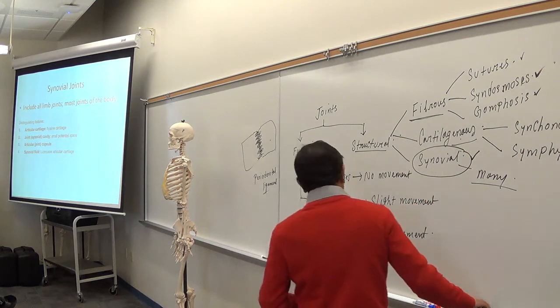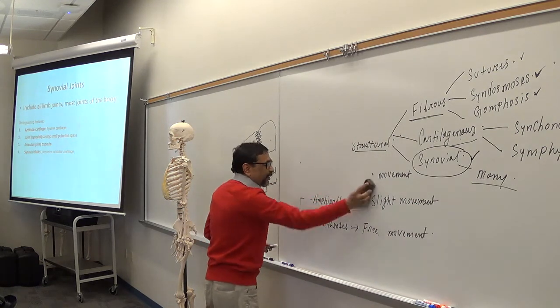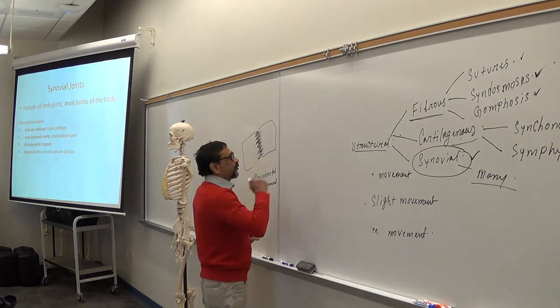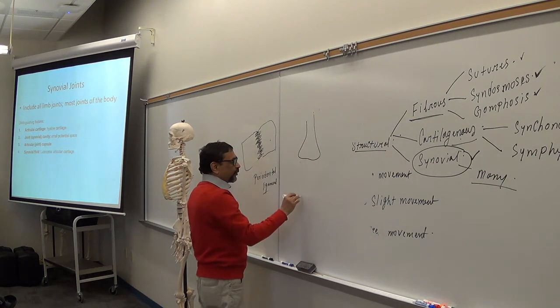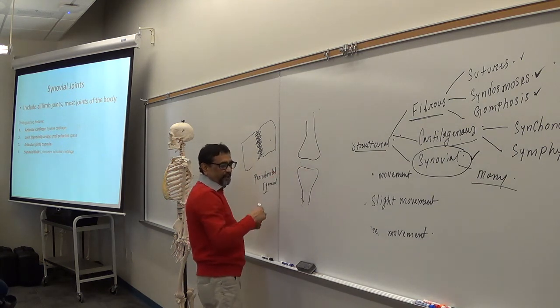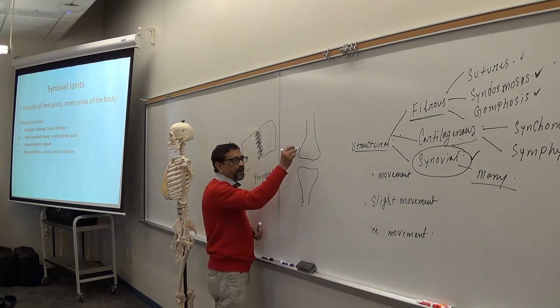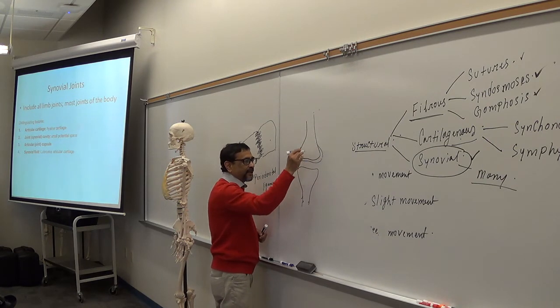What are those properties of a synovial joint? First, this is one bone, this is another bone. The end of the bones that form the joint is covered by hyaline cartilage.